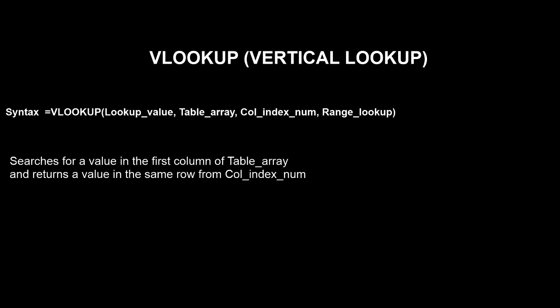So it searches for a value in the first column of a table array and returns a value in the same row from the column index number. So we'll go through and see what that means.